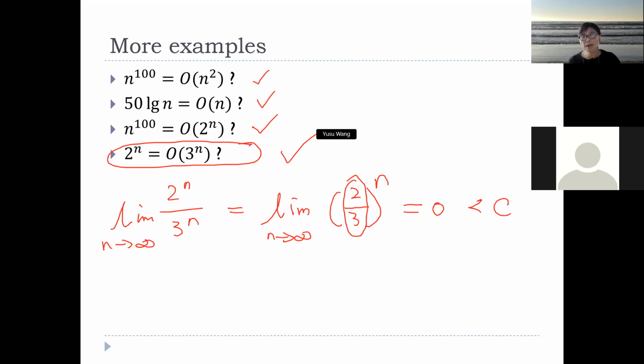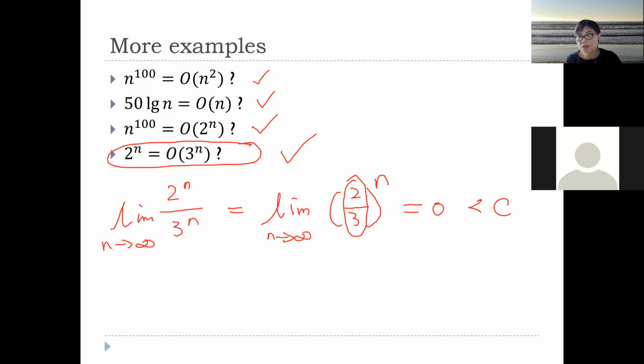So I'm having these few examples. Number 1, to show that very often this limit trick, using the limit of f of n over g of n, makes it easier for you to see whether one function is bounded from above by the other function or not.